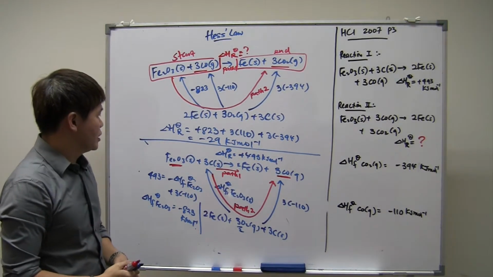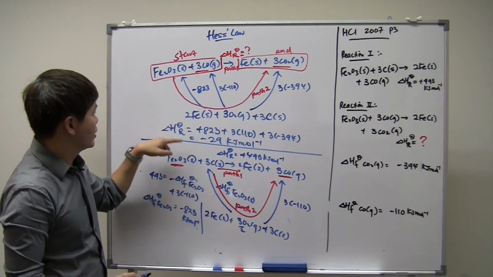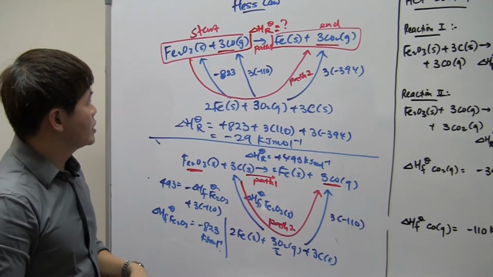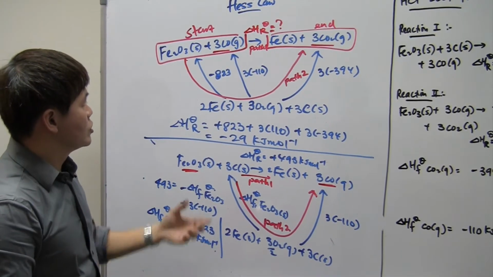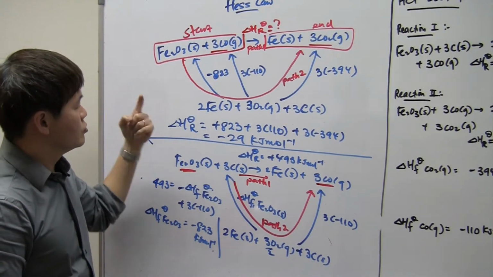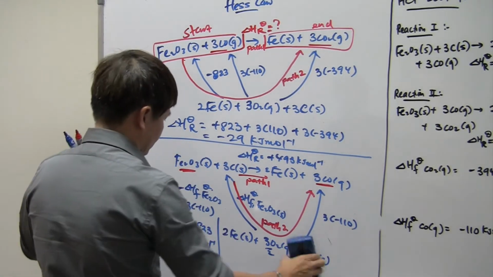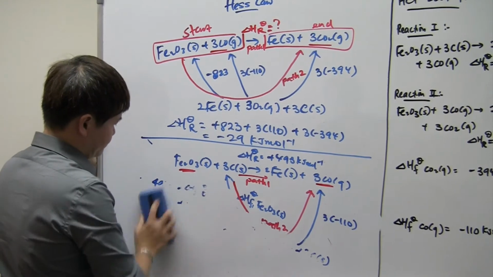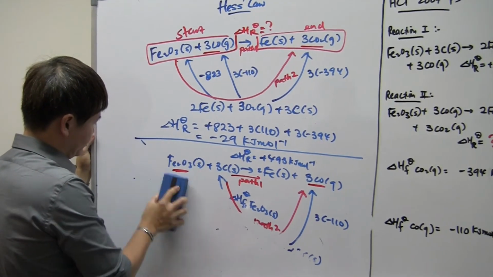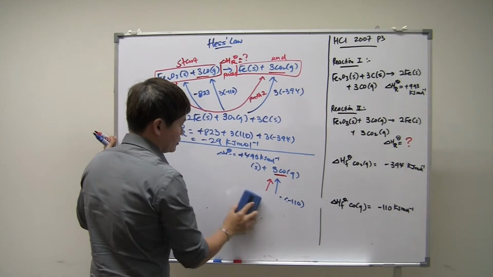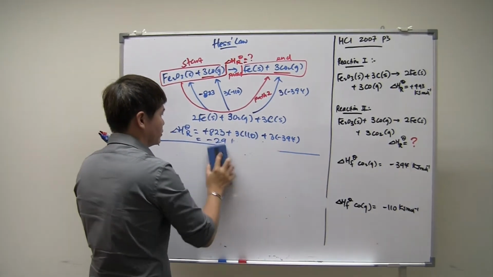Right, so this technique basically uses 2 cycles to find the enthalpy change of reaction of the unknown. Okay, so there's actually another way of doing this, which is combining both cycles together. Just using one cycle, we can actually find this value as well. Alright. So I'm going to show a bit about the second cycle, the second way of doing it.